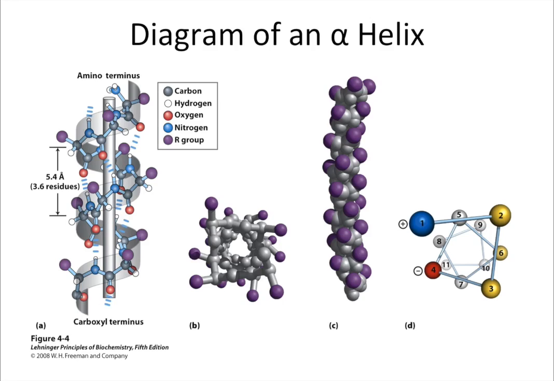Essentially, with an alpha helical type structure, the interior, where the pole is located in this diagram, is where you have hydrogen bonding occurring.